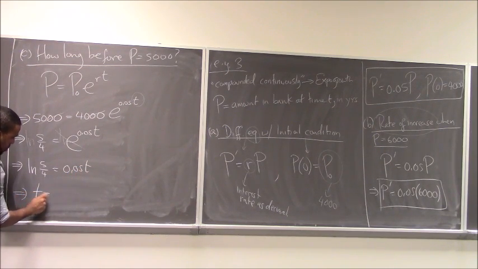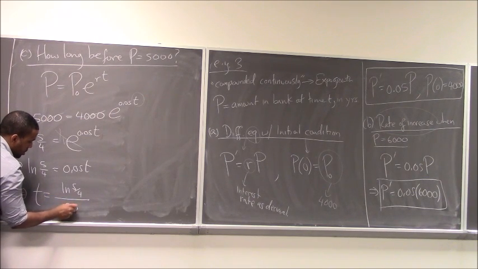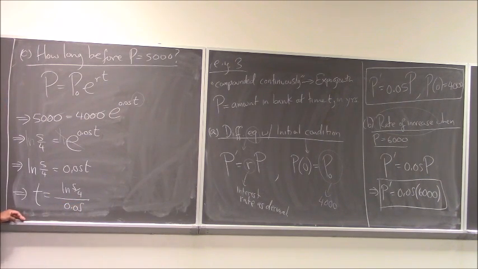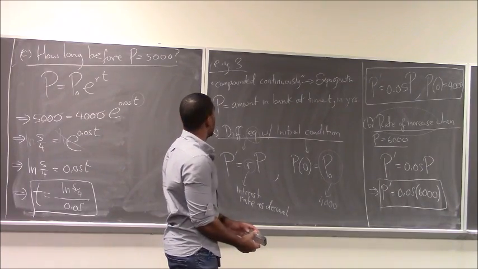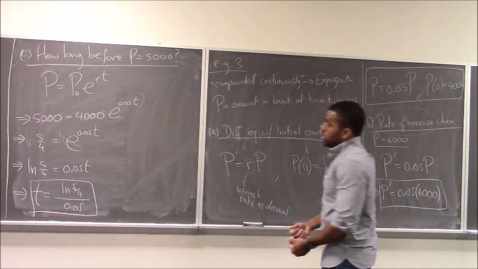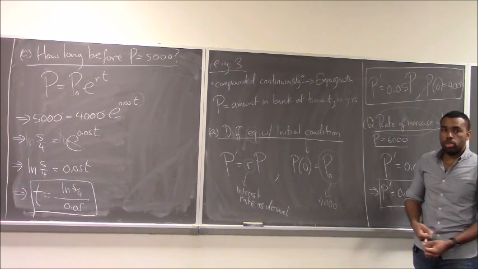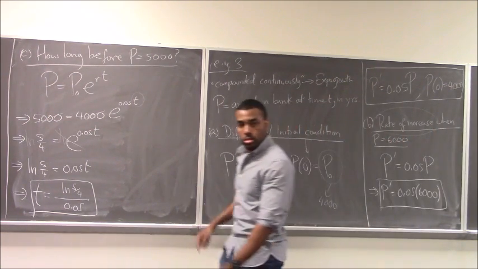And so your t would be ln of 5 over 4 divided by 0.05. Any questions about this?